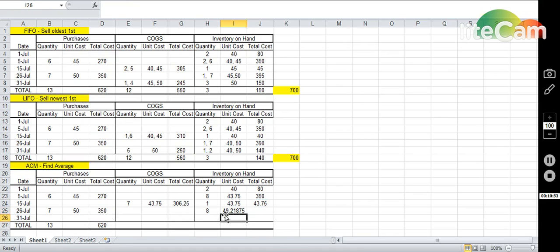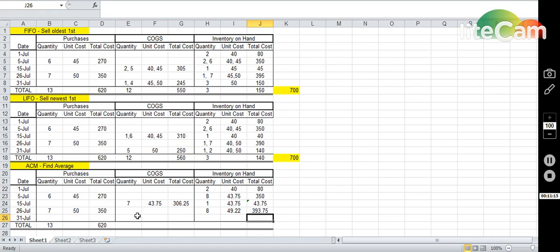Okay, so here, as you see, now we're running into problems with my decimal. I'm going to go ahead and round up to the nearest 100th place. So I'm going to take the 8 times my 49.22. Okay, so there's my inventory on hand.